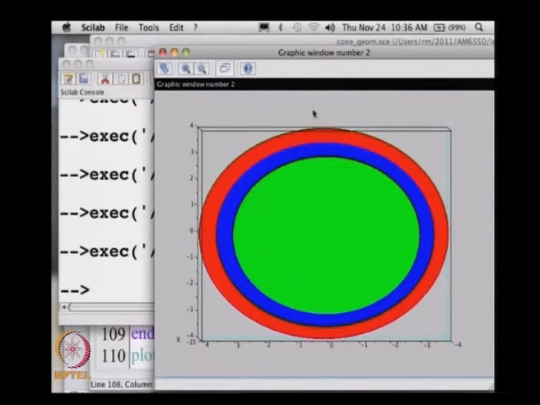So when you look at this shock structure through the base, you have this green part, which is the solid cone, and this red part is the shock structure.